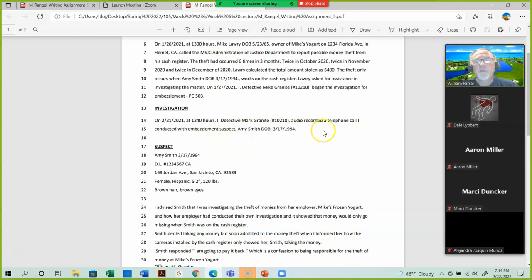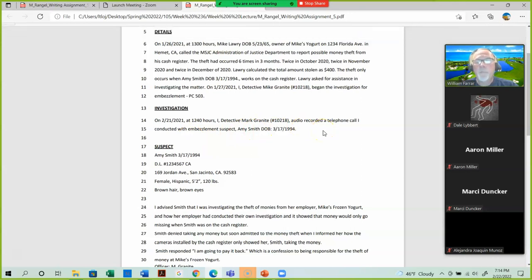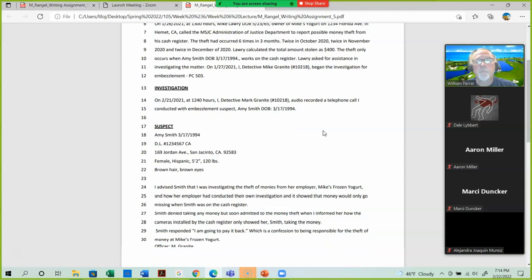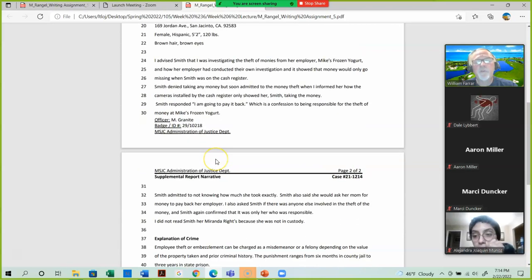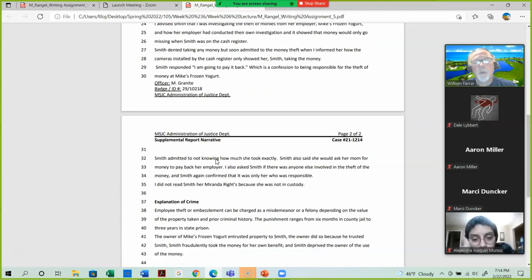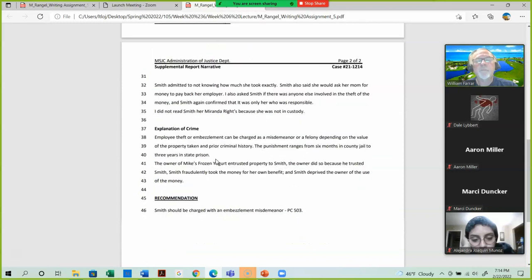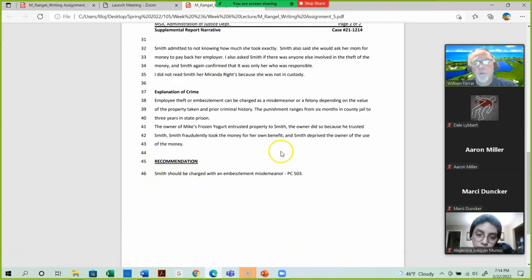But here the detective calls the person on a recorded telephone line, and it's always good to say that it's recorded. And he basically asks the person a couple of questions, and she admits and says that she wants to pay the money back, etc. And then the student has a recommendation.